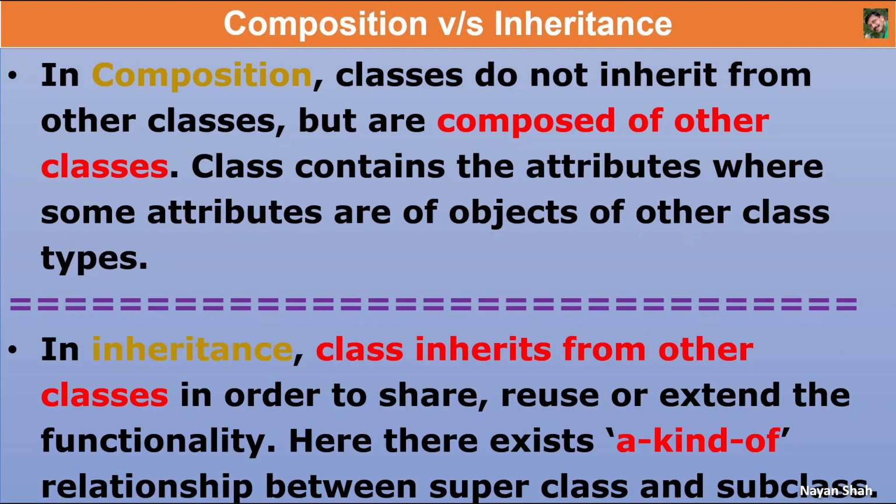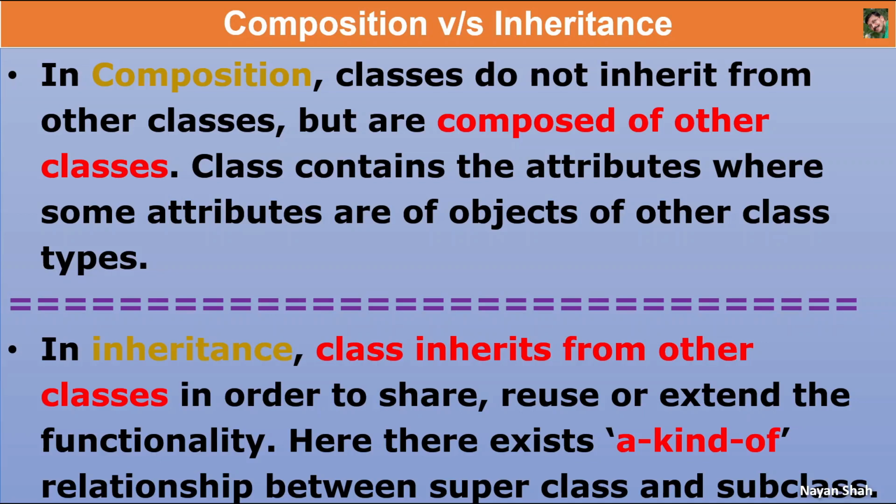And the last thing, composition versus inheritance. What is the basic difference between both of them? In composition, classes do not inherit from other classes but are composed of other classes. Remember, they are not getting inherited from other classes, but they are composed of different classes. So a class contains attributes where some attributes are objects of other class types.